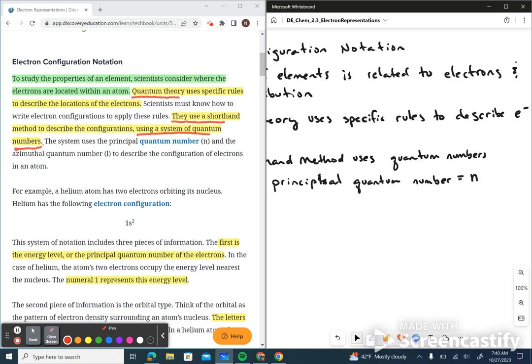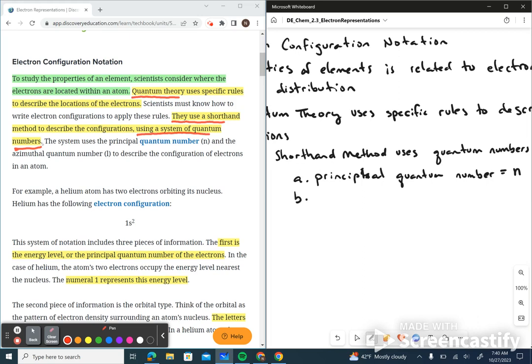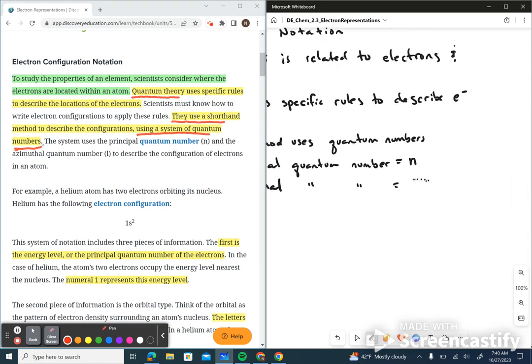The letter n. And then you had the second quantum number, which we called the azimuthal quantum number. And this was described by this kind of funny shaped L, right? And what does this do? This describes the configuration of electrons in an atom, their shape.